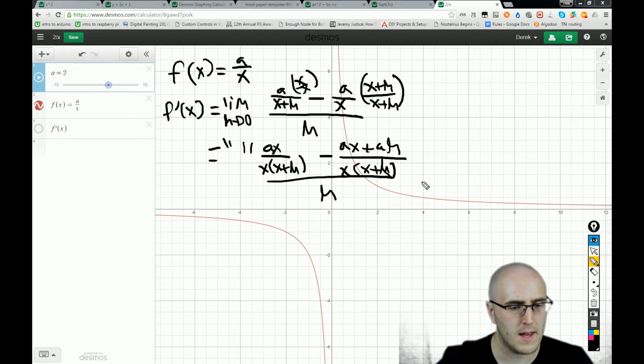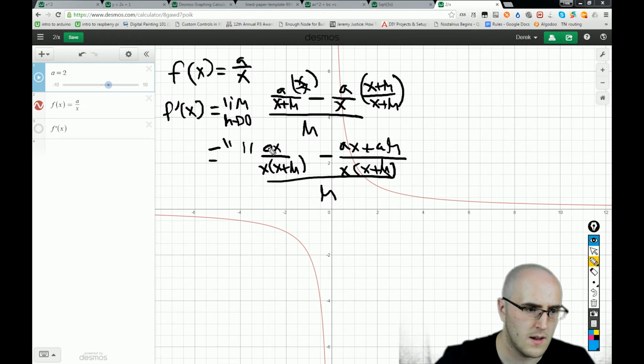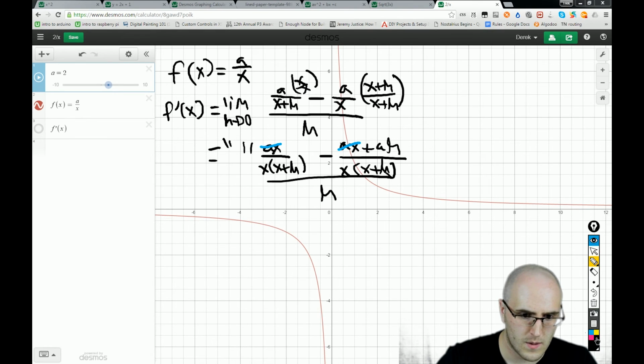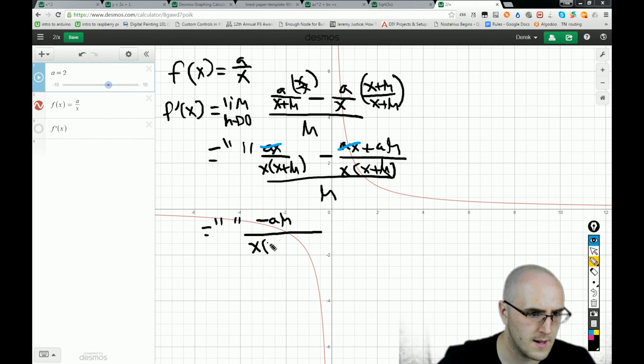Now we can combine them, and as you can see, our ax's cancel, and we end up with a negative ah. So we got our limit. We end up with negative ah over x times x plus h, all of that over h.